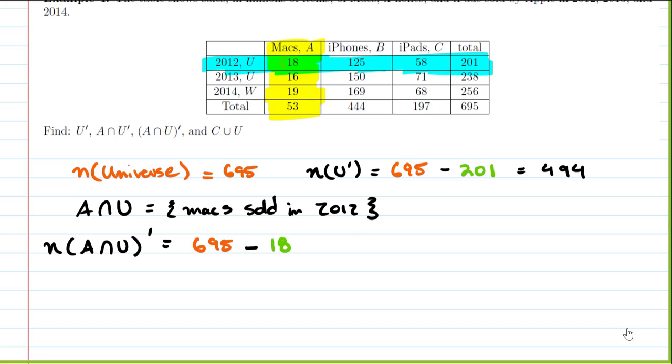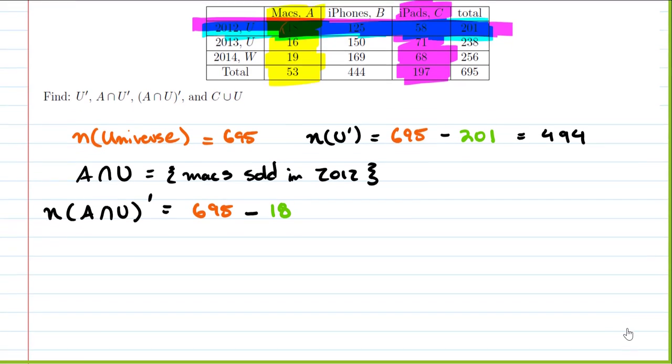The union would be either set, so we have to be a little careful, which is what we're going to look at now. If we look at our last one, we have C union U. C is this column, and U is this column. Are those two sets disjoint?